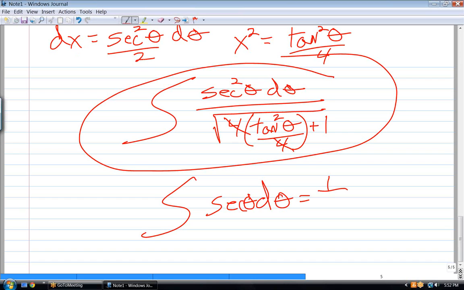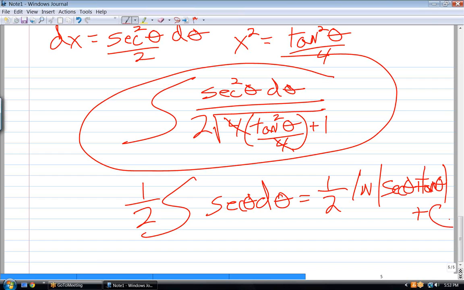When I substituted for dx, I wrote secant squared theta d theta. There's this 2 also. So there was a 1/2 out here. So the integral becomes 1/2, and then the integral of secant theta is natural log of secant theta plus tan theta plus c. So there's my integral as trig function. Now I've got to convert it back to a polynomial.